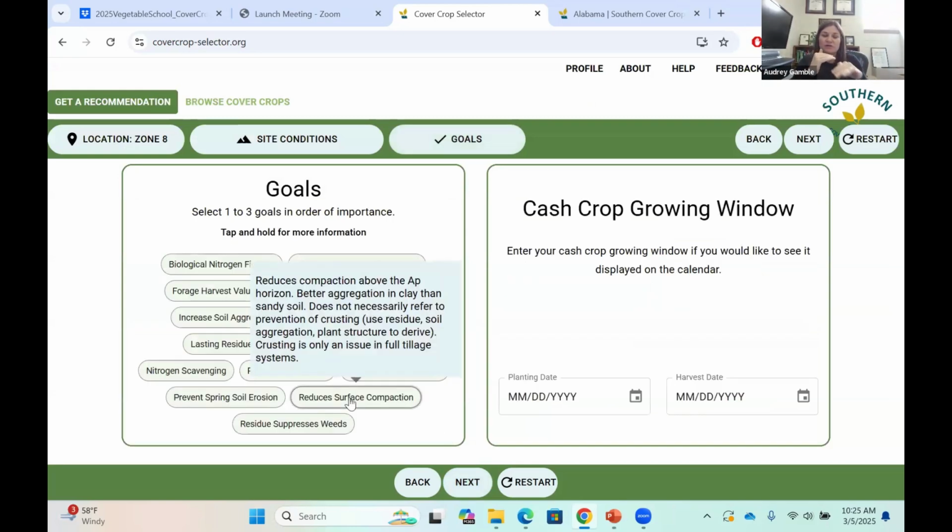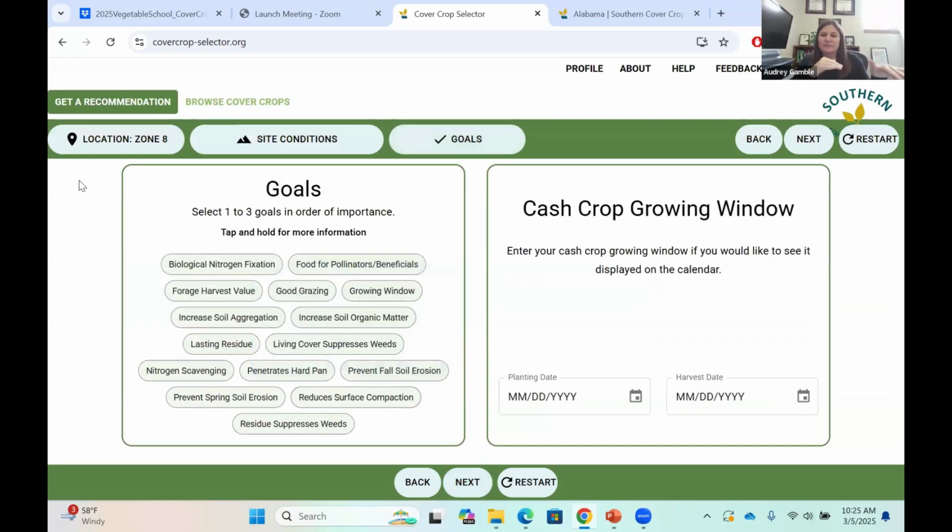So then the next part is also really important. So different producers are going to have different goals with their cover crops. So this tool allows you to select your top 3 goals in order of importance, and then it will give you recommendations based on what these goals are.